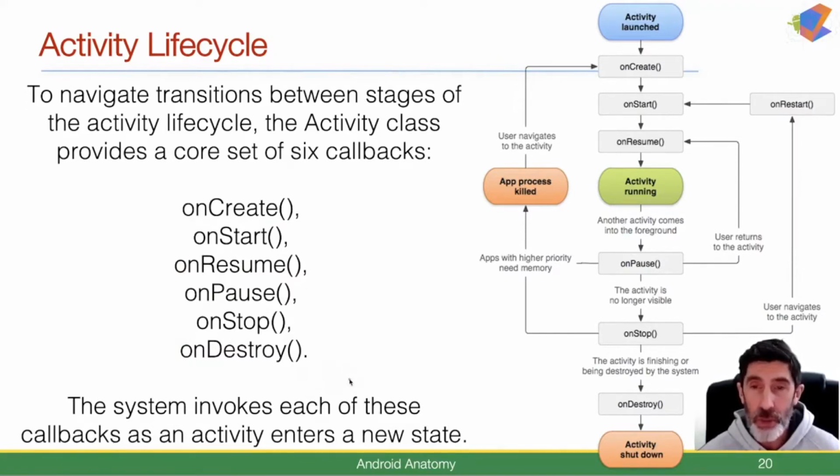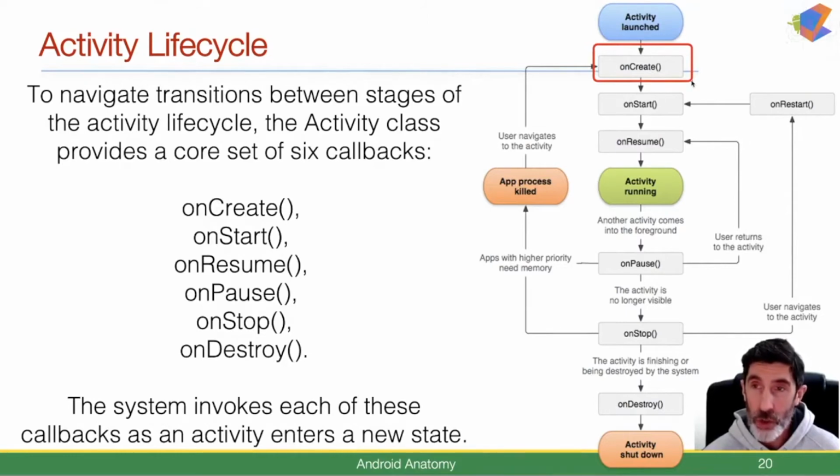Okay, so the system invokes each of these callbacks as an activity enters a new state. If we follow it through here, to begin with, the user would launch the activity, so they'd hit your little launcher icon on your home screen. The first method that gets called is your onCreate, so whatever code you have in there will be executed.